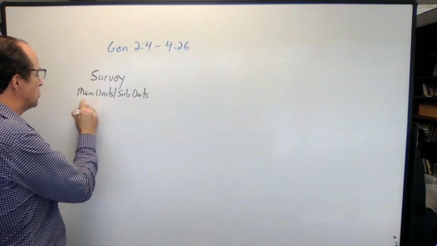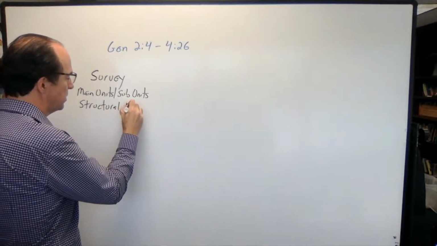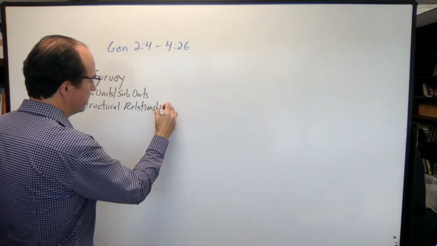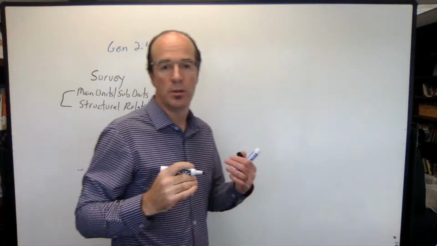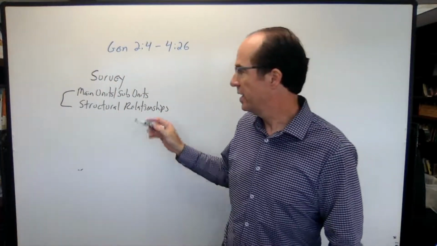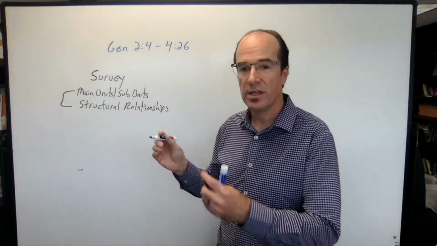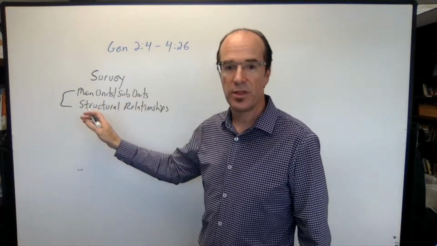Then you're looking for structural laws or structural relationships. These two steps are what we mean by structure: the main units and subunits and structural relationships. And then the rest of the survey is going to flow from these elements.